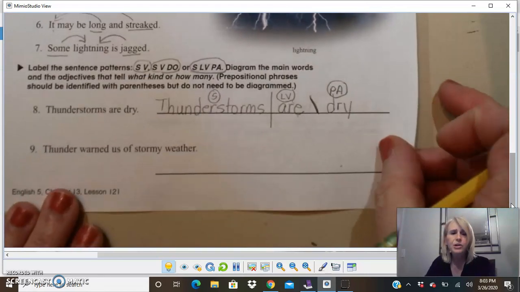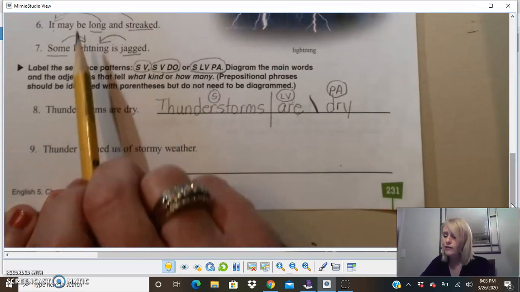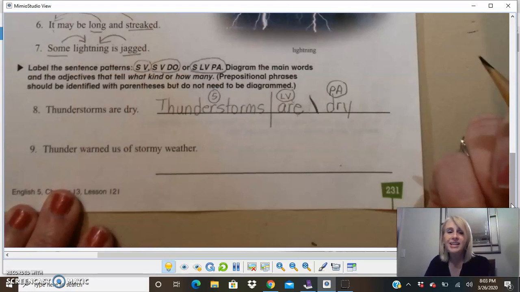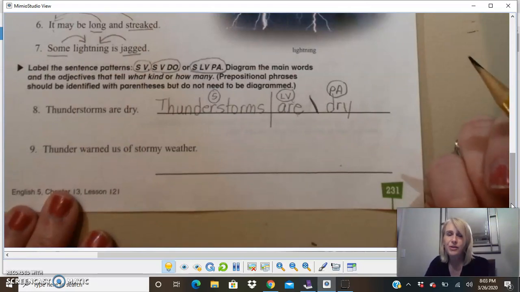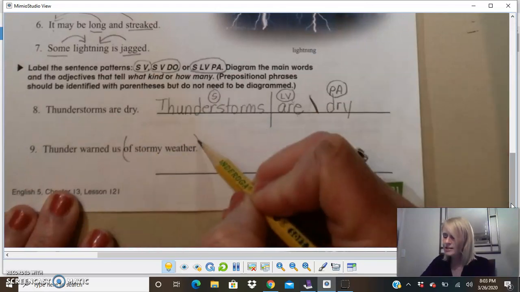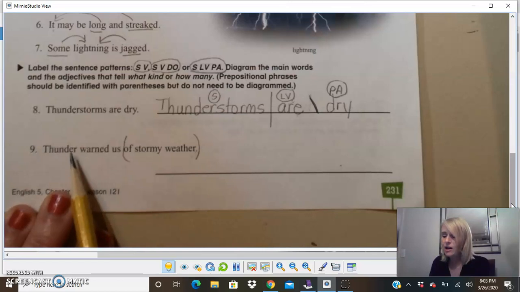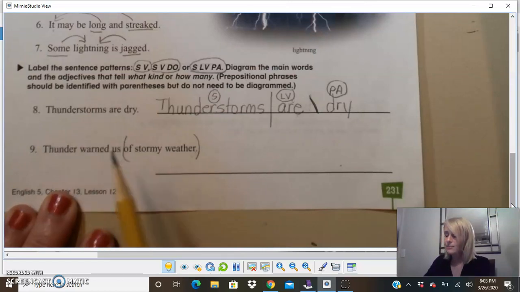So the very last one. Thunder warned us of stormy weather. Well, the first thing we want to look for is, do you see a prepositional phrase in this sentence? Yes, you do. The prepositional phrase is of stormy weather. So we can eliminate that and not even pay attention to it anymore, because remember, these do not have to be diagrammed. So now we just look at thunder warned us.